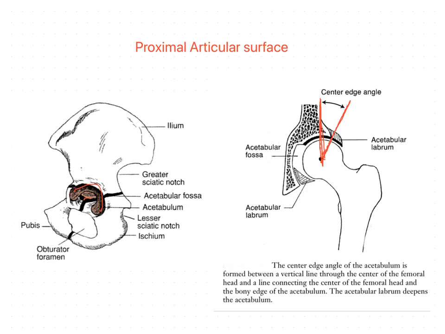The labrum of the hip to a large extent is the same as the meniscus of the knee, and we have also seen the glenoid labrum of the glenohumeral joint.